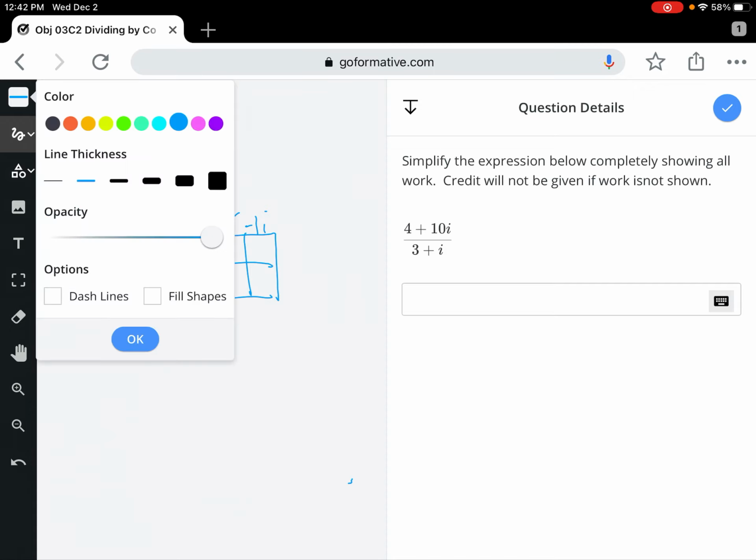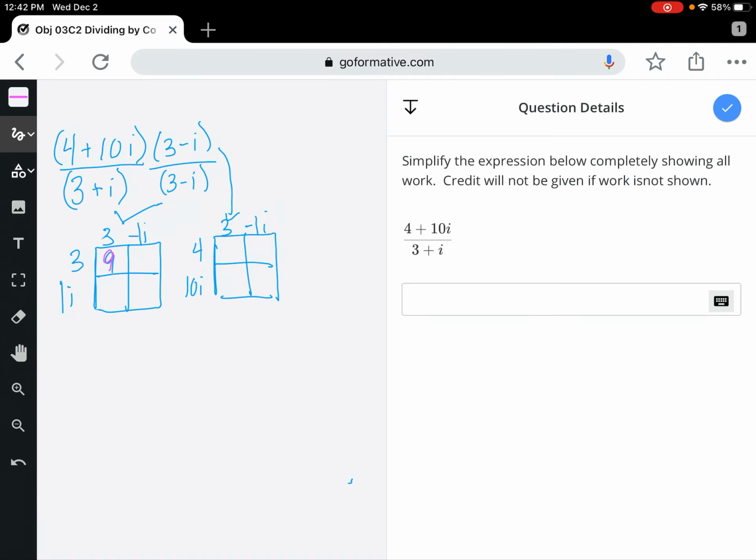So 3 times 3 is 9, so these ones are going to be in the pink. 3 times negative 1 is negative 3i. That's going to be 3i. Negative 1 times negative 1 is negative 1. i times i is i squared. Okay, so that's my first one.